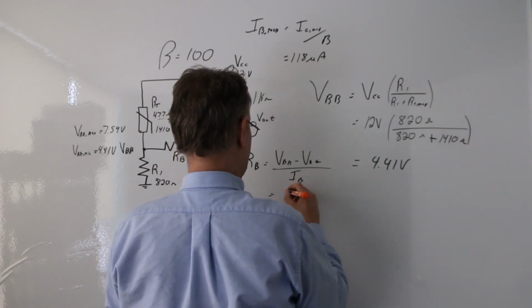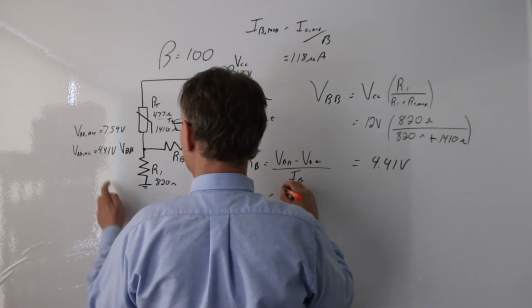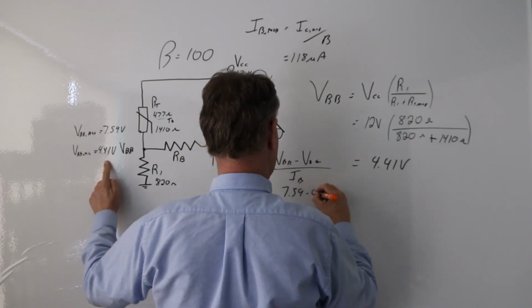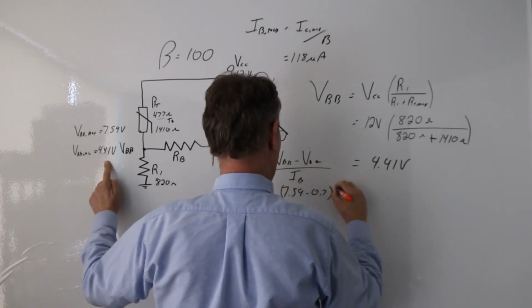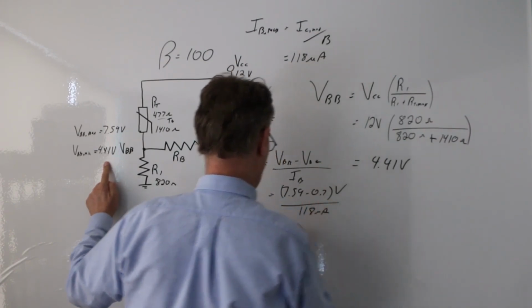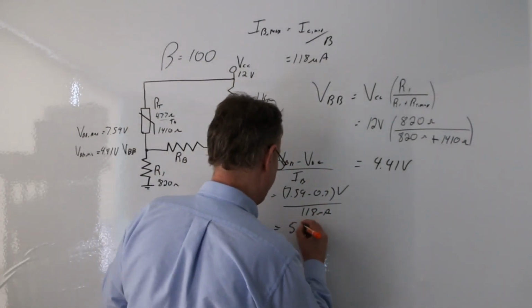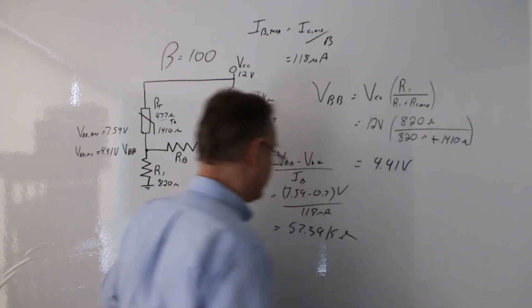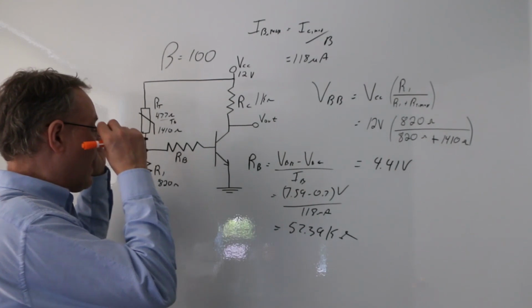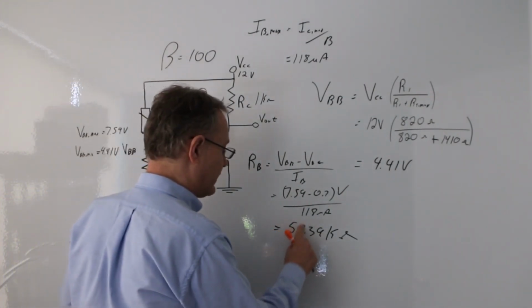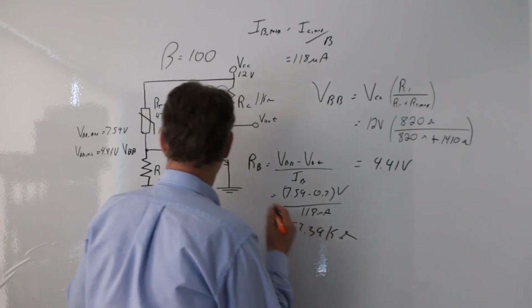So with that said and done, if I put my numbers in here, I'm going to put 7.59 minus 0.7 volts divided by 118 microamps, and that's 57.39 kilo ohms. All right, so I'm just going to roll with the 57.39 kilo ohms here. And I'm going to write that here.